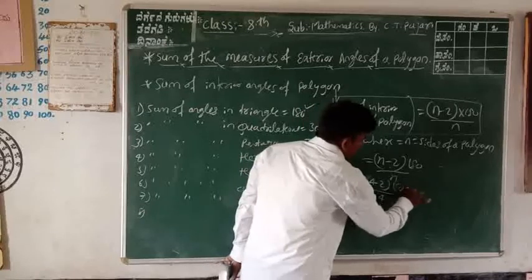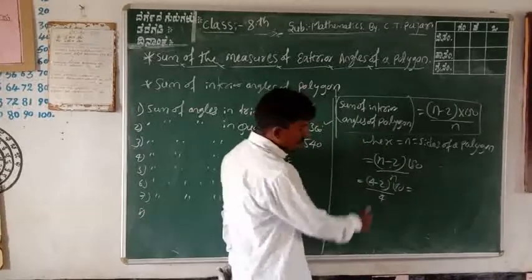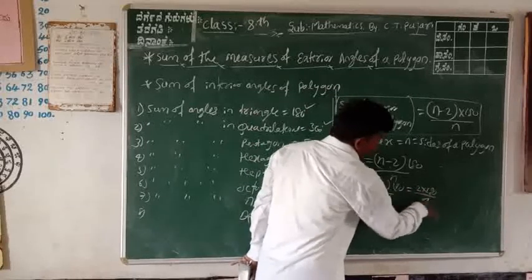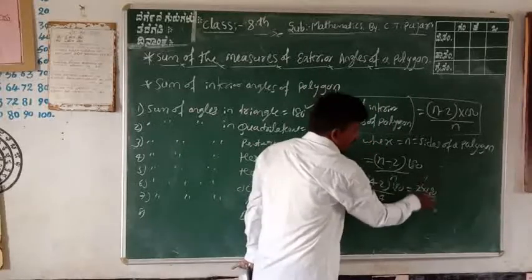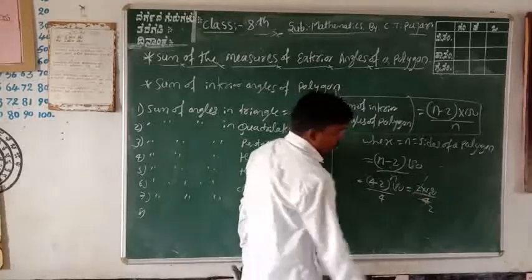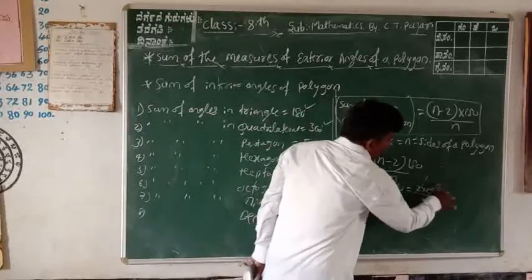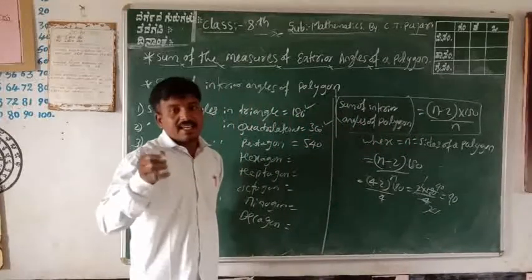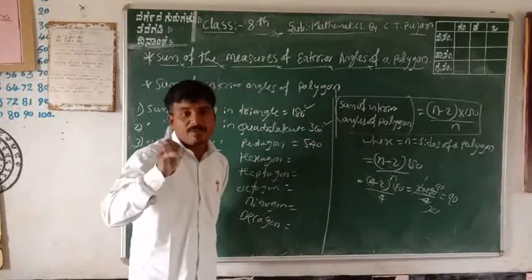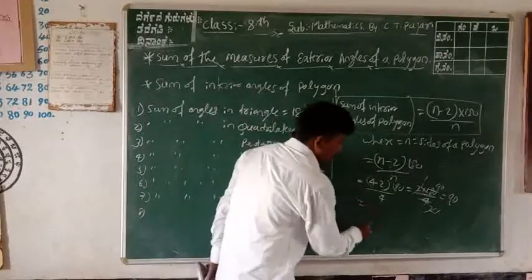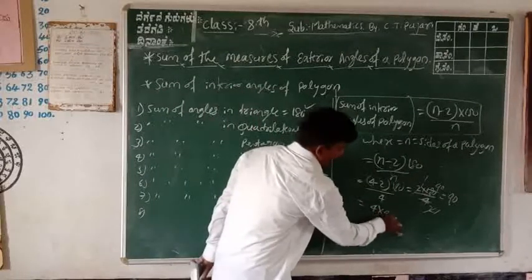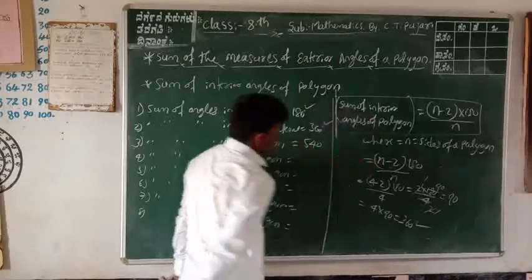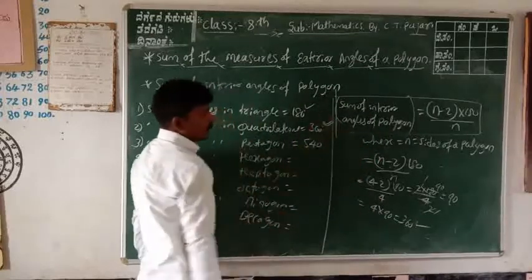Simplifying, 4 minus 2 is 2, into 180 degrees divided by 4. 2 ones are 2, 2 twos are 4, 2 forty-fives are 90. One angle is 90. In a quadrilateral, how many angles are here? 4 angles. 4 into 90 is equal to 360 degrees. This is 360 degrees.